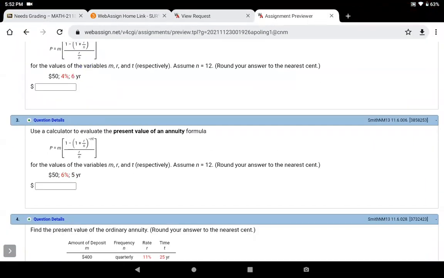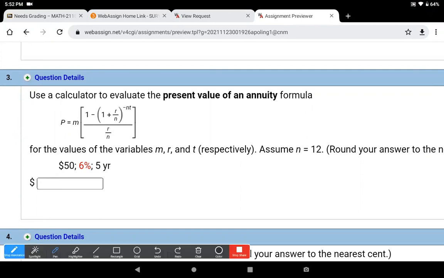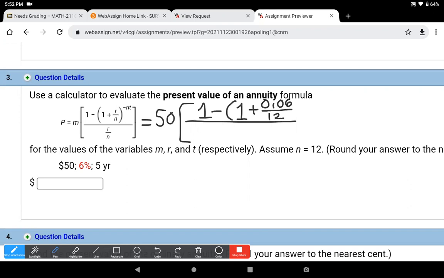Okay, let's look at this next problem. Use a calculator to evaluate the present annuity. So we're just going to do the same sort of activity, right? Okay, so we have M is $50. 1 minus 1 plus 0.06 divided by 12.